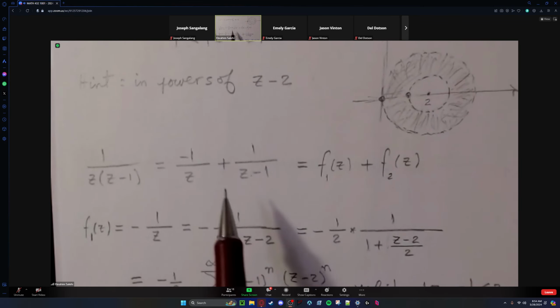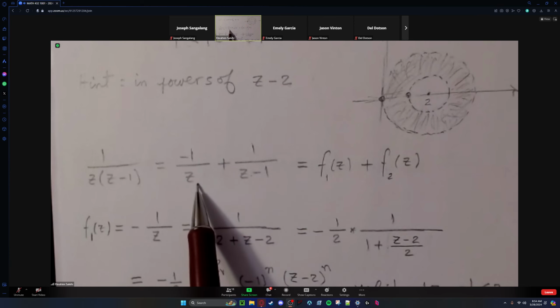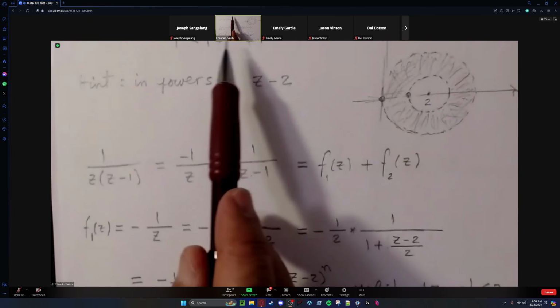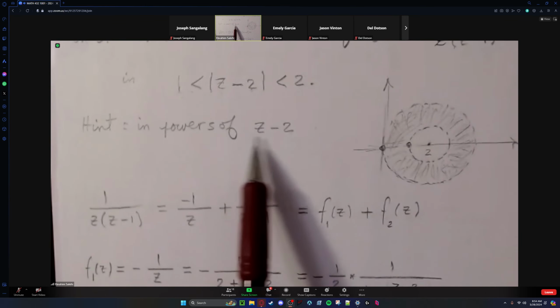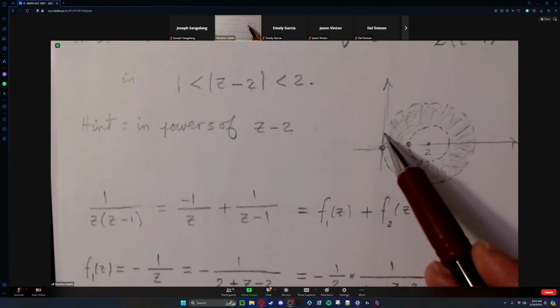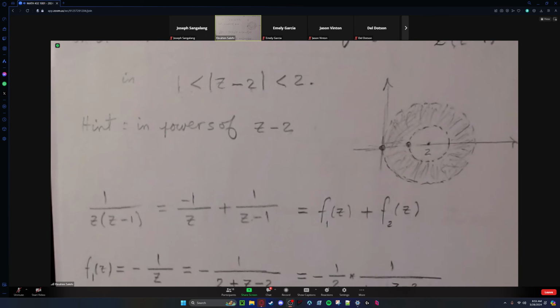Now you want to write each one of these in powers of z minus 2, okay? In powers of z minus 2. Of course, it's got to be valid in here, right? Let's just start with the first one, this one.